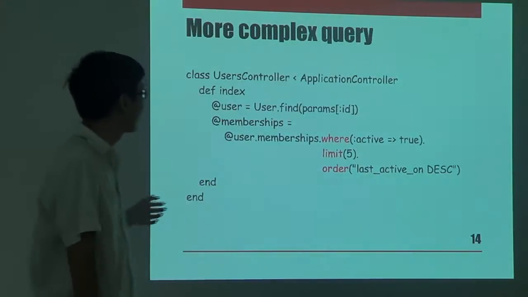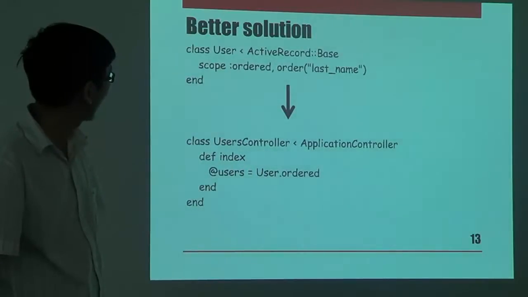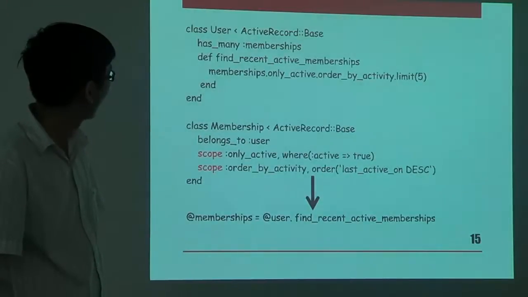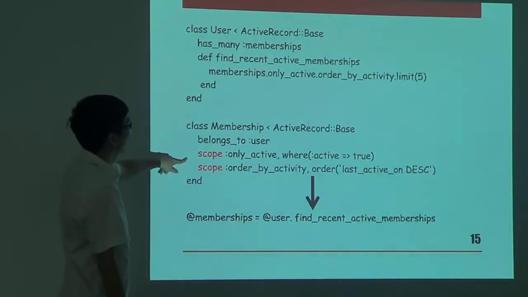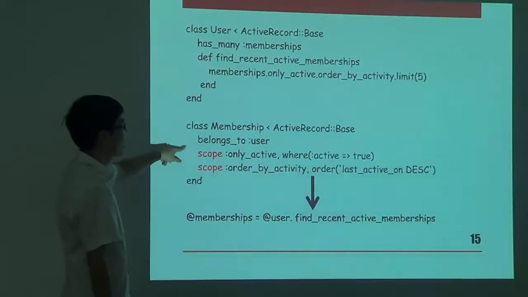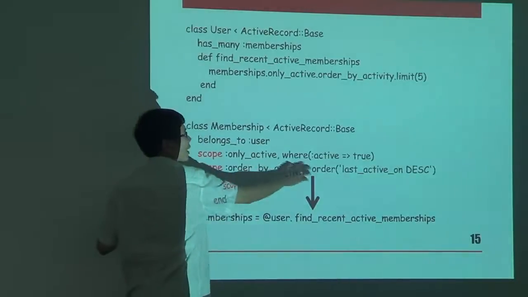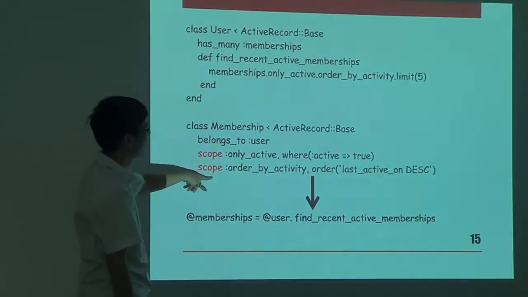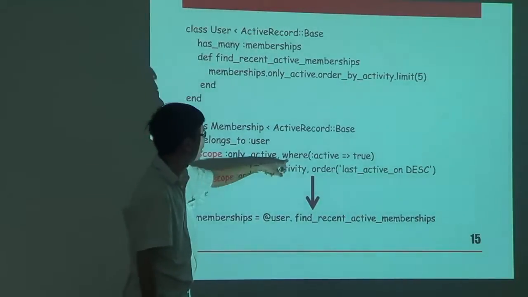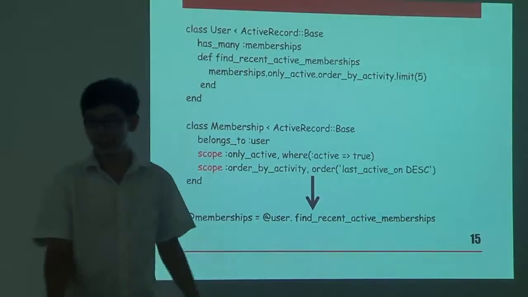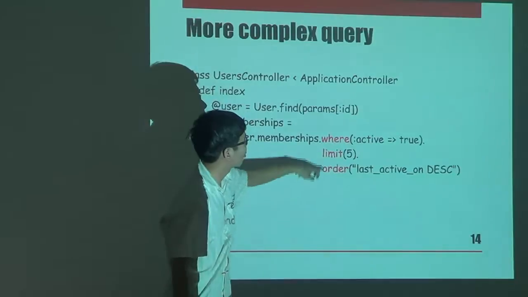So when we are in such a situation, we can use named scope like before. For example, in the membership model, we can define a scope like only active, where active is true, and we define a scope order by activities, which orders by last time. So you can see that this is actually the where and order here.